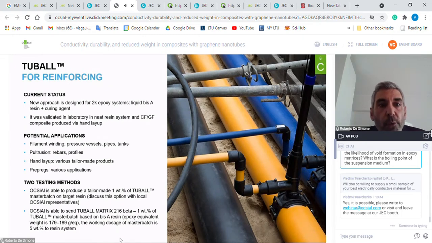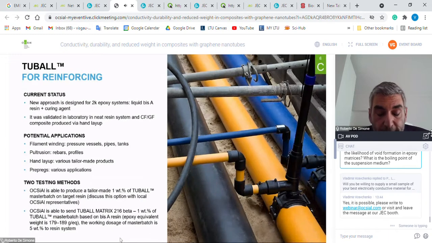The first one, we developed a tubal matrix solution, like tubal matrix 216 beta, a master batch at 1% dosage. And the second one is to disperse tubal in a tailor-made solution on a very specific target resin.